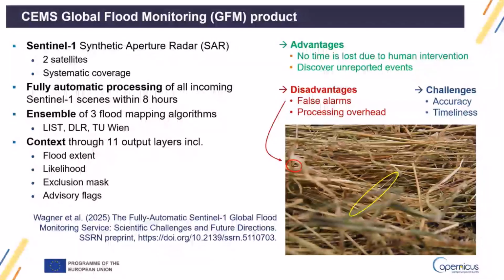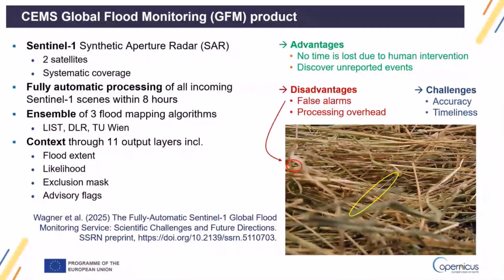The service approaches this by using 3 well-established flood mapping algorithms from our colleagues at the German Aerospace Agency, DLR, colleagues from Luxembourg, from the LIST Institute, and one of the algorithms of TU Wien. And we provide an output that's not just showing the flood extent layer, but also a likelihood layer, showing how likely we detect flooding in a certain pixel.